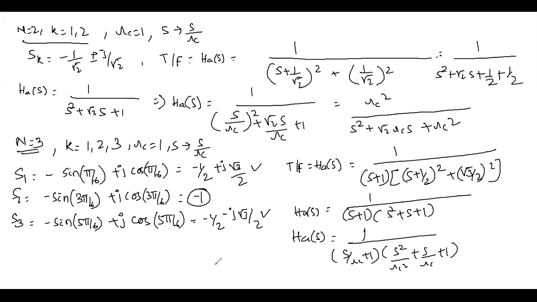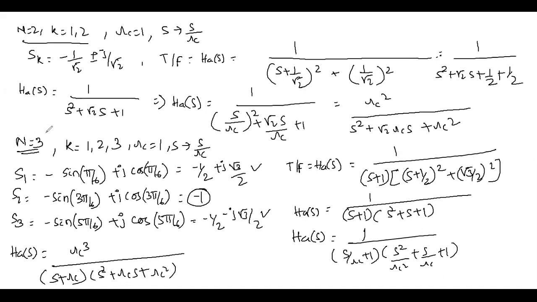Then finally we get here H of s equals omega c cube divided by (s plus omega c) multiplied by (s square plus omega c s plus omega c square).